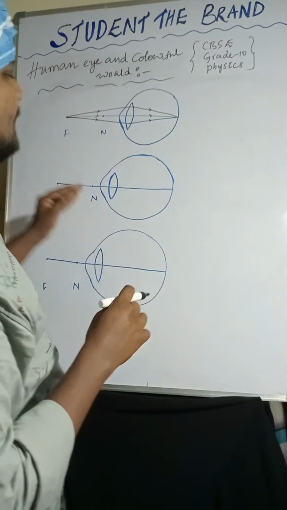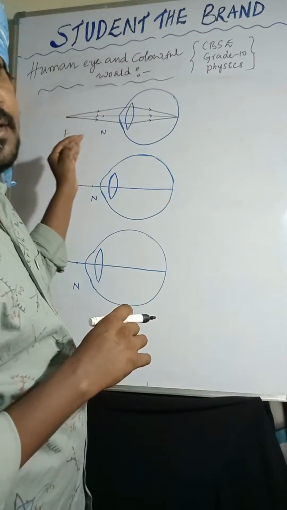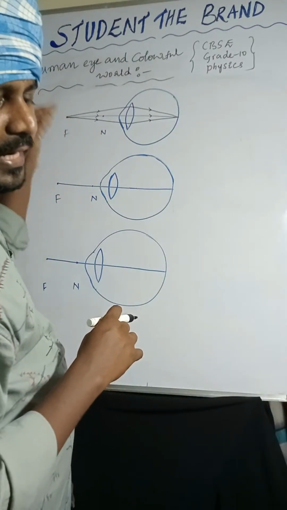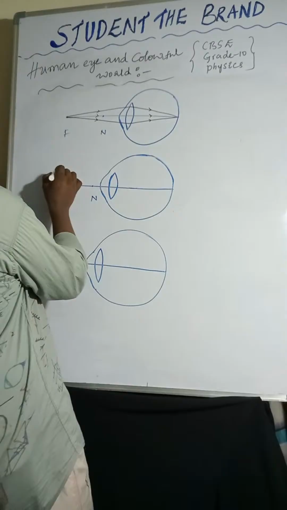So if the light rays are coming from infinity, where will those light rays meet? We will see where the light rays will meet. So I'm taking the light rays here.